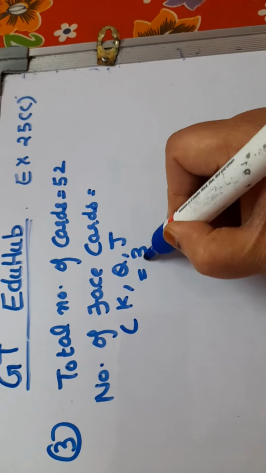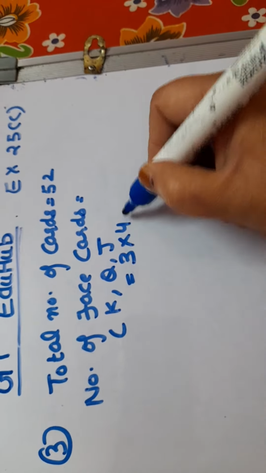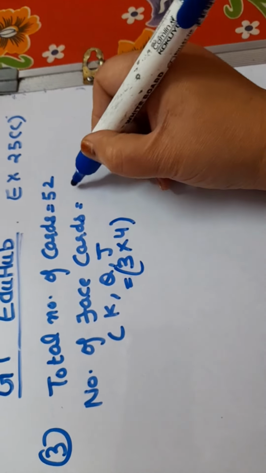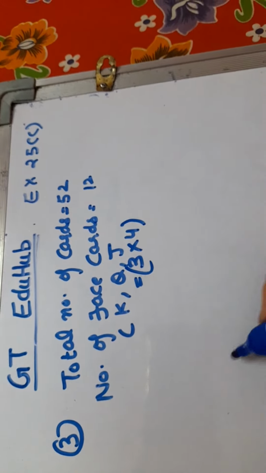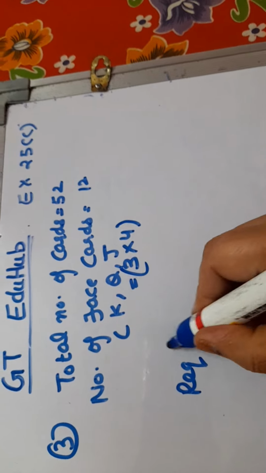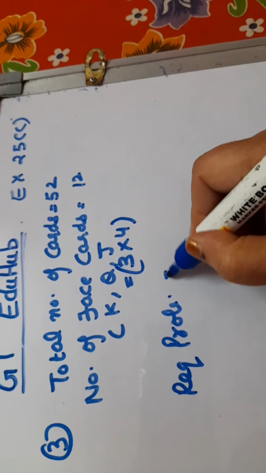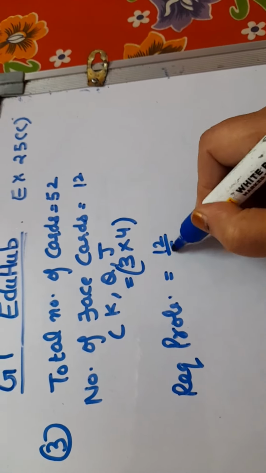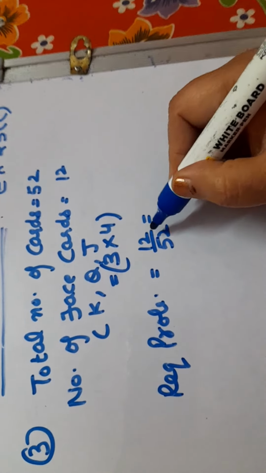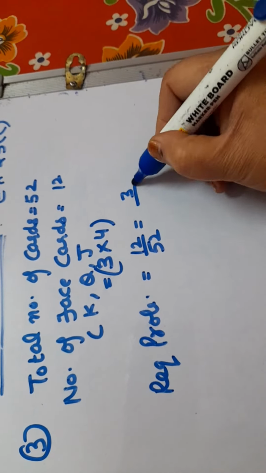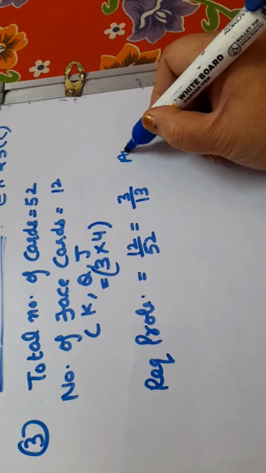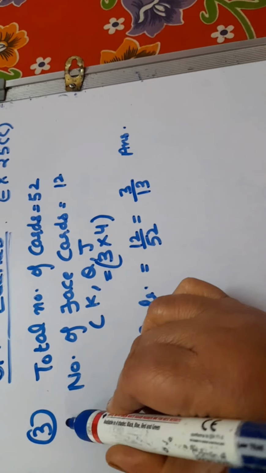There are 3 cards in each suit. 4 types of suits are there. So total number of face cards 12. So required probability is 12 upon 52. That is, dividing by 4, 3 upon 13. This is your answer for the first part.